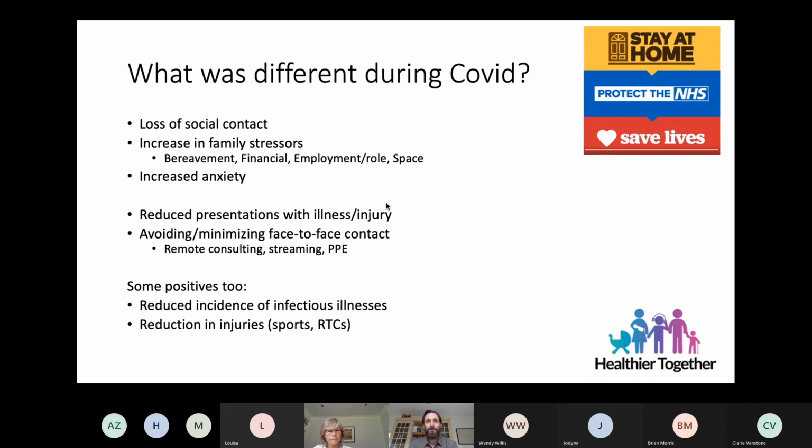So there was bereavement, there were financial concerns, people's employment and roles changing, even simple things like space. So some families trapped in very little space. And obviously that led to concerns of things like safeguarding, domestic violence, as well as just increased pressure on families generally. And all this has combined to cause increased anxiety for everyone, really, not just parents and children, but all of us, healthcare professionals included.